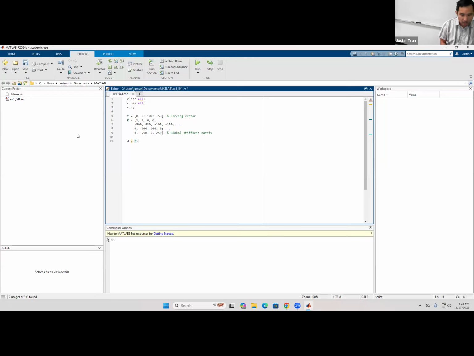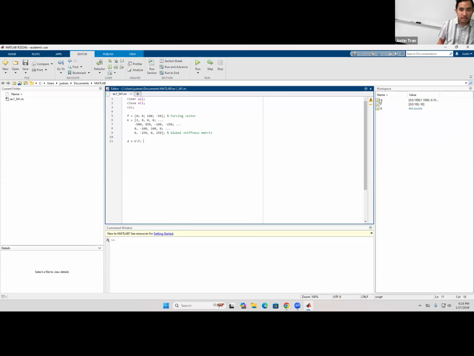Most people are familiar with the forward slash, which is used for division. But the backslash is a special operator in MATLAB that says we have a linear system defined by this matrix and this vector, and we want to solve for the solution to that linear system. We're going to do K, our stiffness matrix, backslash F, our forcing vector. And that's it.